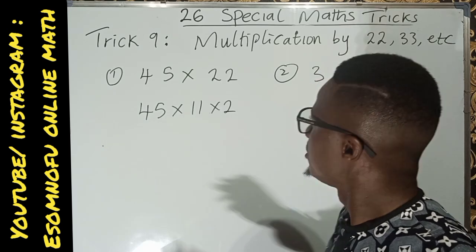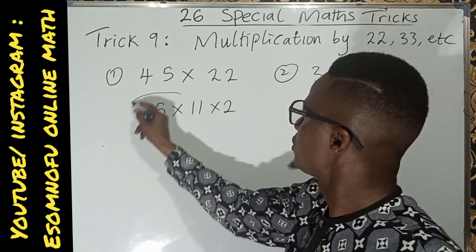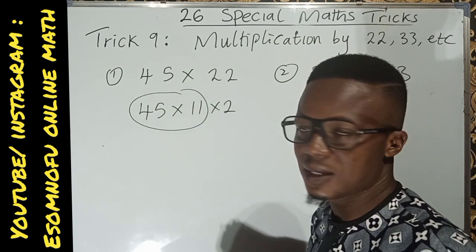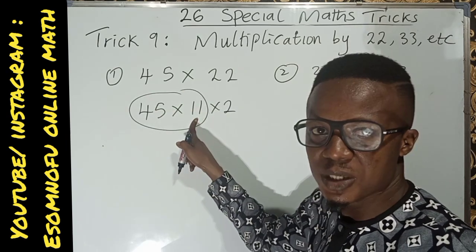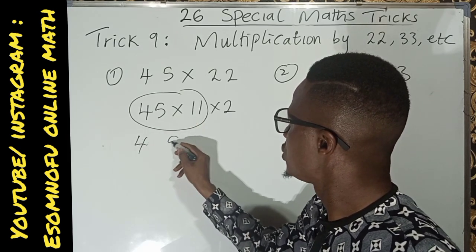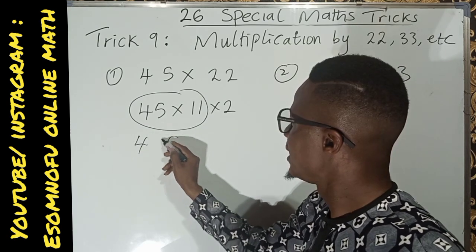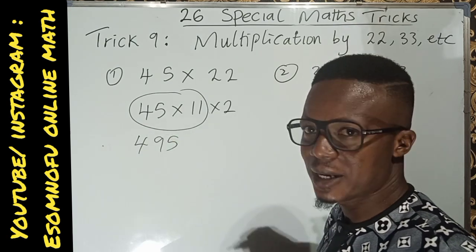That's the implication, because 11 times 2 gives us 22. Now let us concentrate on 45 times 11. You have a trick of multiplying any number by 11. Look at 45 that we want to multiply by 11. Just call it 4 plus 5 is 9. Write 9, it becomes 495.